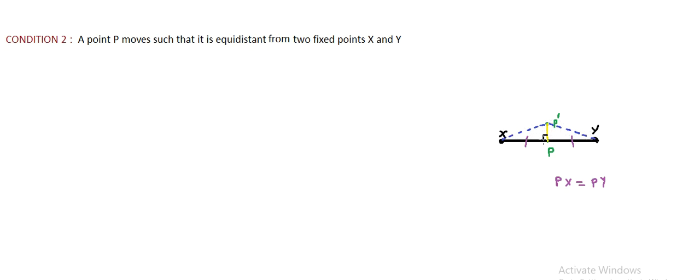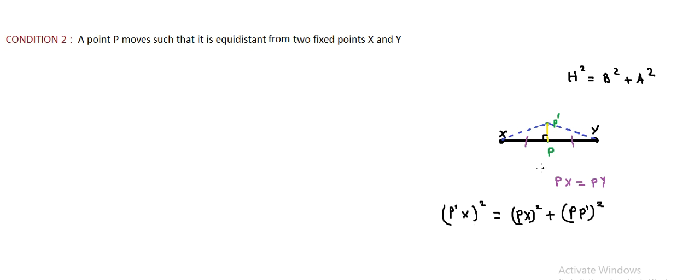So this is a right angled triangle. Now we know the right angled triangle Pythagoras theorem, that is P dash X whole square is equal to PX square plus PP dash square, that is hypotenuse square equal to base square plus altitude square. This is the result we used here. So we know PX and PY are equal, so we can write here as PY whole square plus PP dash whole square.